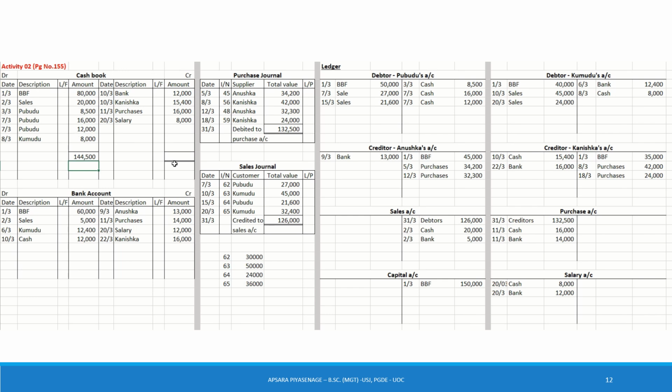144,500. So we put the same value to the credit total, and then we deduct. We have to get the balance carried down here. You have to get the total of these amounts, and deduct it from 144,500. So balance carried down date is 31st March.